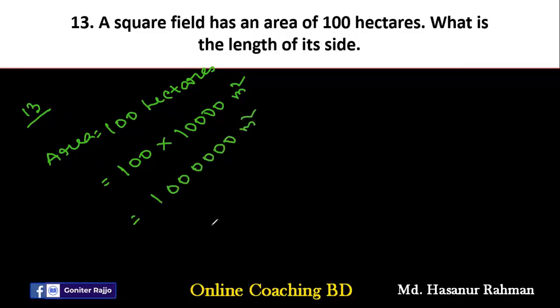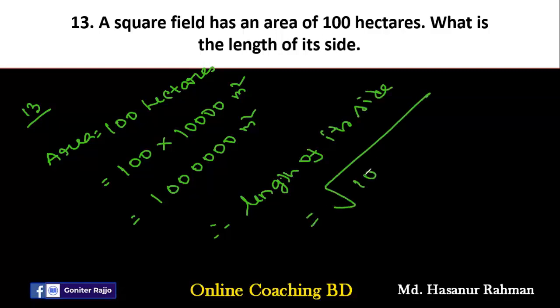Okay. Now, we have to find out the length of each side. So, length of each side will be square root of 1 followed by 6 zeros. Okay. Then, what will be the final answer? Very simple. We have to take 1 zero from 2 zeros, because we want to find out the square root.